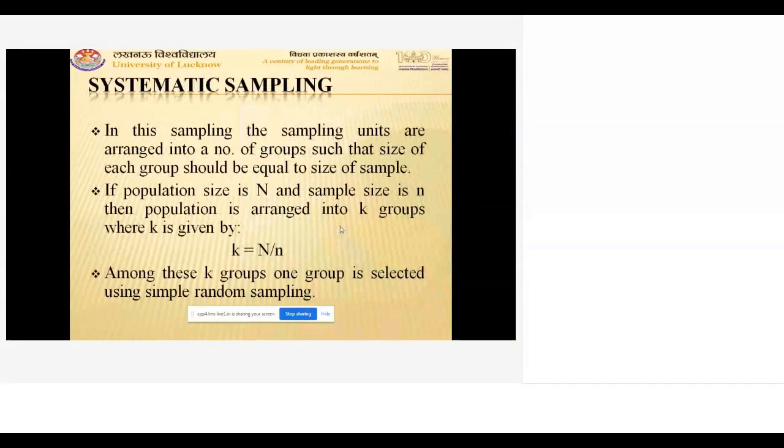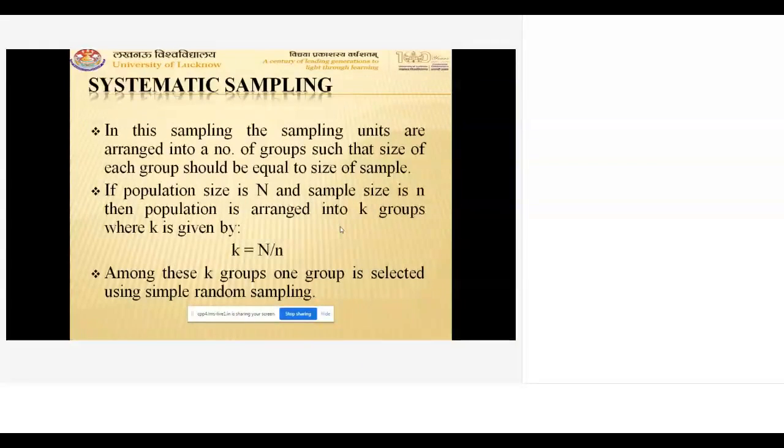The next sampling technique is systematic sampling. In systematic sampling, sampling units are arranged into a number of groups such that the size of each group should be equal to the size of the sample.